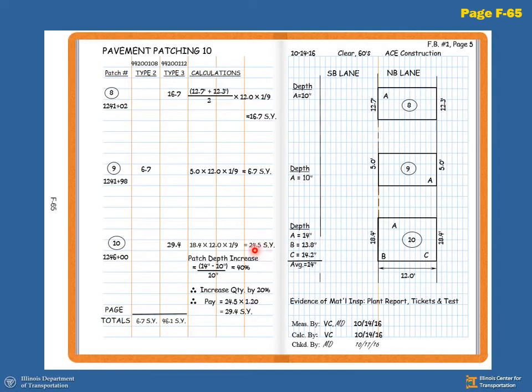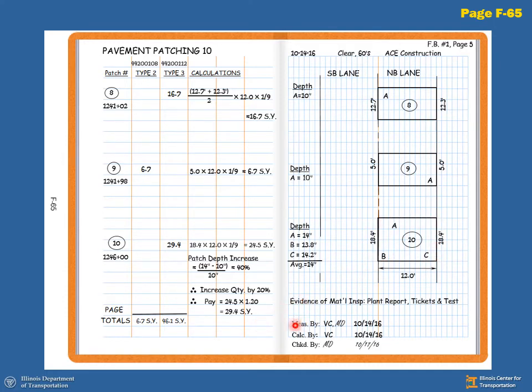Our actual area determines the type of patch. So at 24.5 square yards, I'm less than 25 square yards, but I'm greater than 15, so I will be a type 3. So I take my pay quantity and put it in the type 3, 29.4. The increase or decrease in quantity never changes which type. The type of patch is based on the planned dimensions as cut and filled in the field.